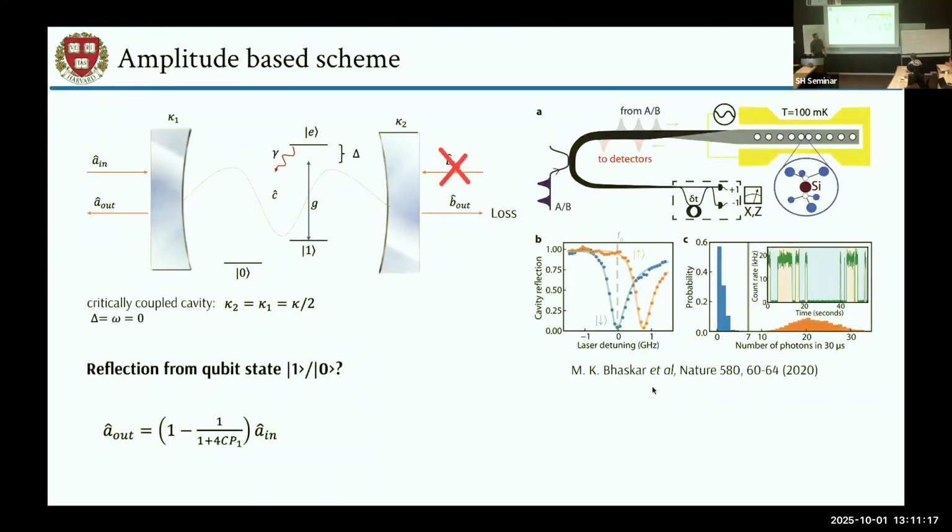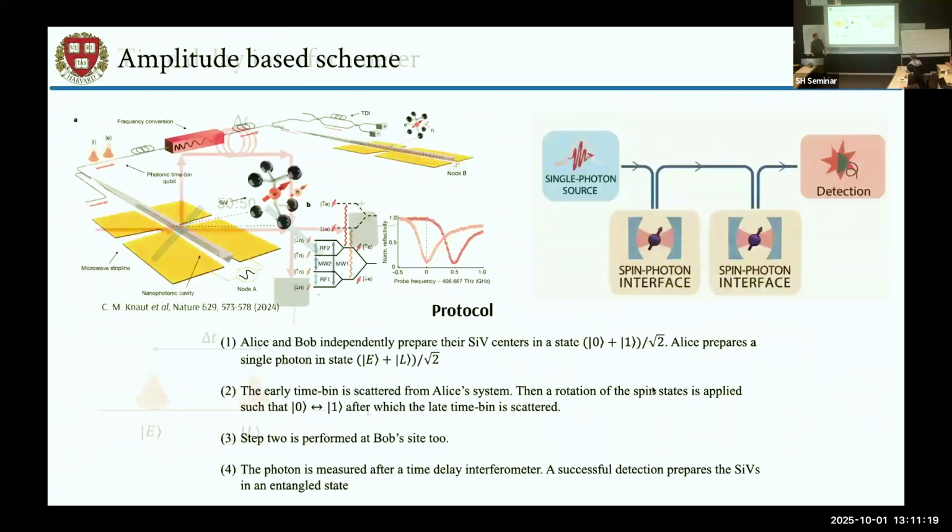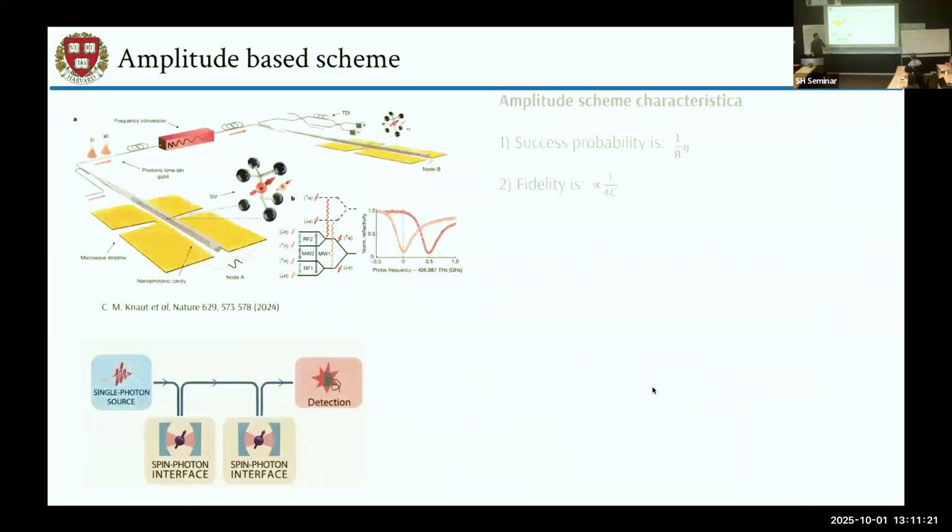When you also take finite effects into account, your fidelity will always end up somewhat scaling with the cooperativity of your system. So the better your cooperativity, the better this works.